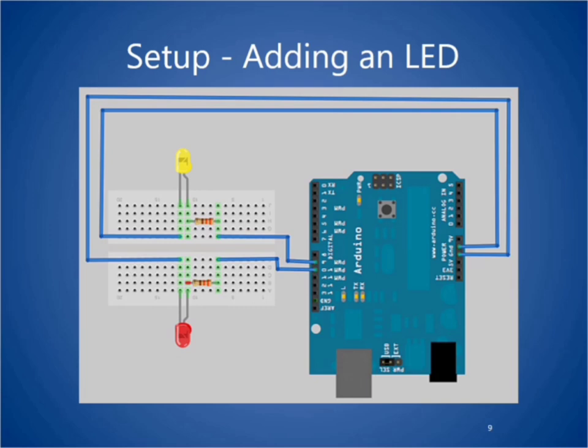So let us see a simple setup. Here you can see that we have connected LEDs to our Arduino with the help of this digital pin, and we again give power to this breadboard in which the LEDs are connected. We give it through these jumper wire cables.